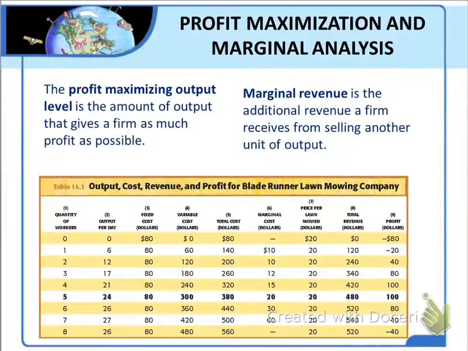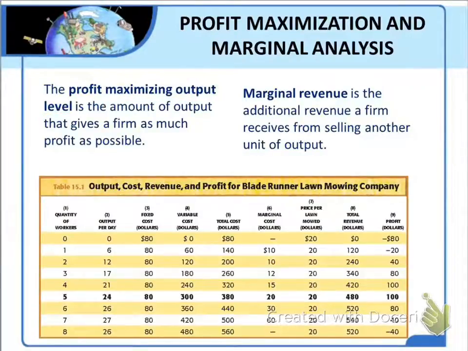The amount of output that gives a firm as much profit as possible is called the firm's profit maximizing output level. Now, how does the firm find this output level? One approach begins with a calculation of the firm's total revenue, which is the price charged multiplied by the quantity sold at each output level.